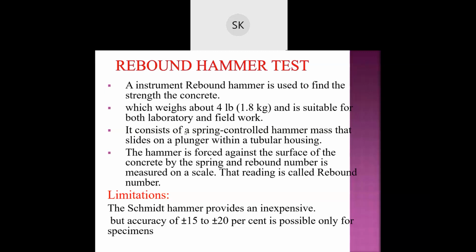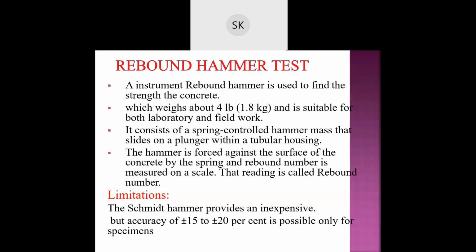It is very lightweight. It consists of a spring-controlled hammer mass that slides on a plunger within a tubular housing. It is a gun, you can say. There is a button you can press, and the hammer will strike the surface, and it will tell you how much strength the concrete has.